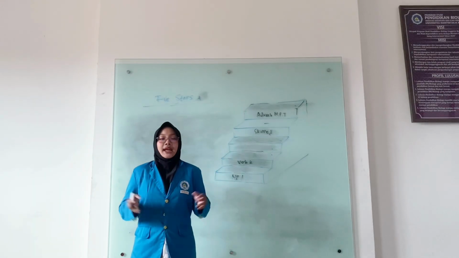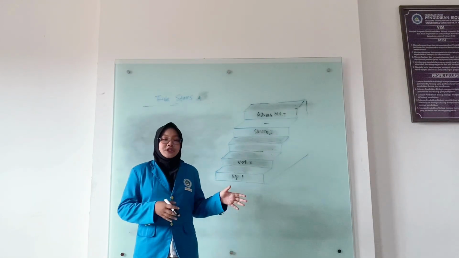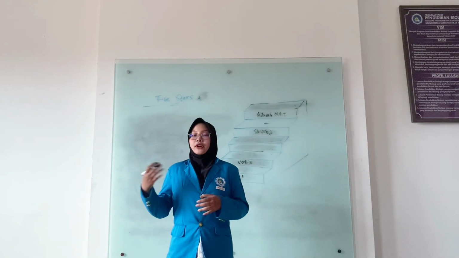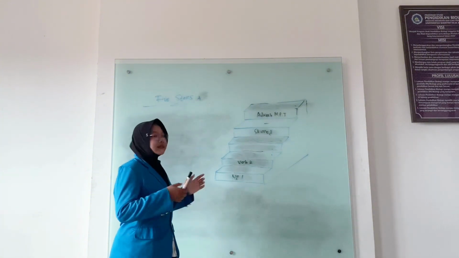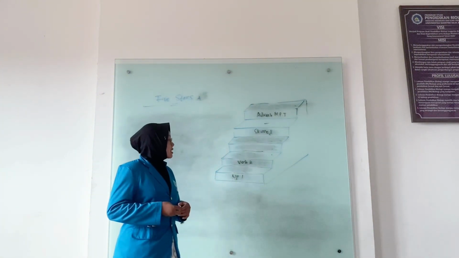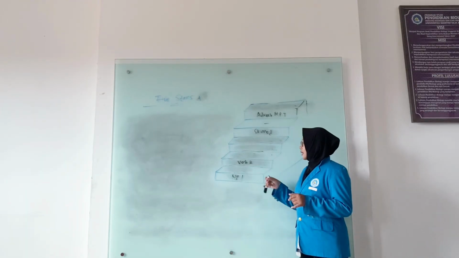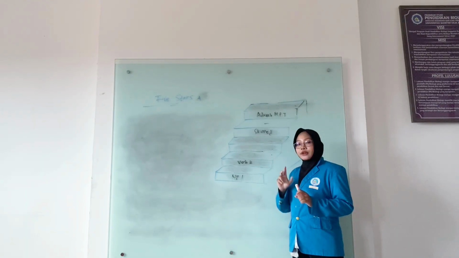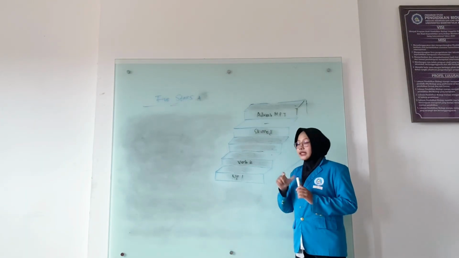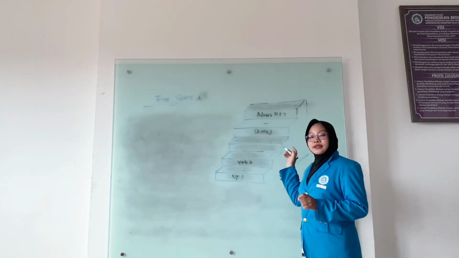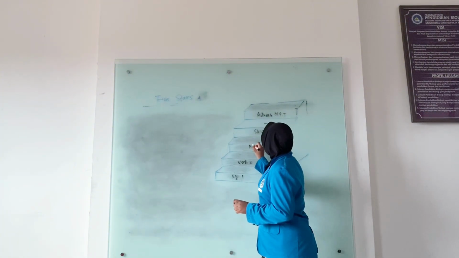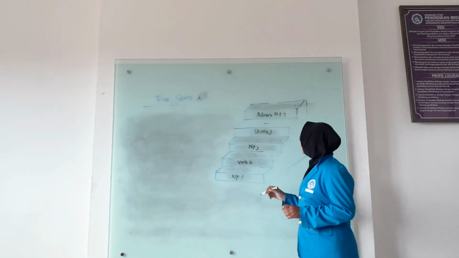Simple past tense is used to talk about actions that happen in the past. It means the actions already finished before now. And the pattern of simple past tense is: the first stage is NP1, the second stage is verb 2 or ed, and stage 3 is NP2.